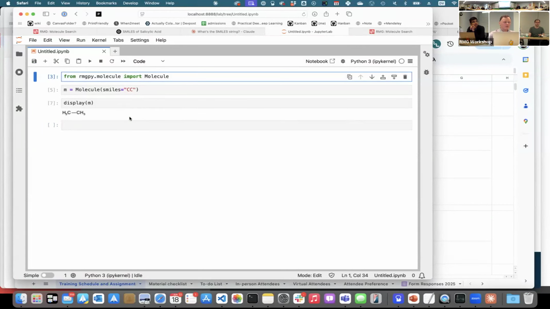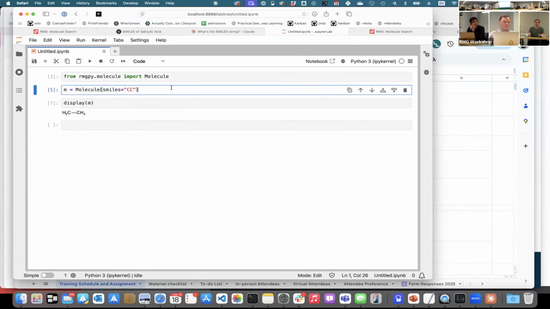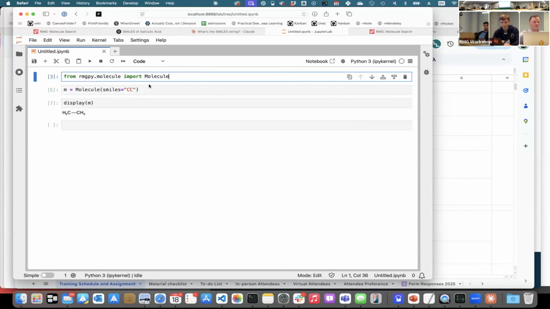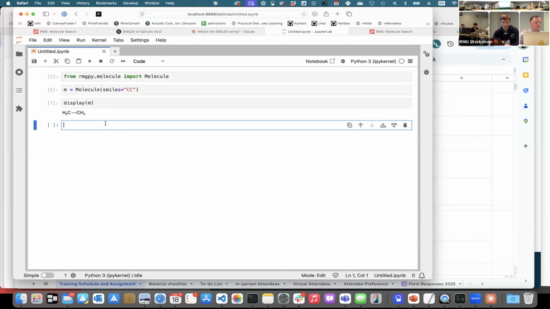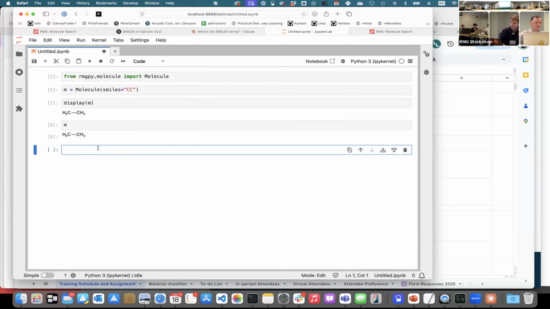When you're doing your own Python coding, the number one rule of debugging is see what's happening. Always be asking, am I seeing what I expect to see? There are some useful tools in your Jupyter notebook. You can just say display M and it will render the picture. If I just say, what is M, that's the default in Jupyter.